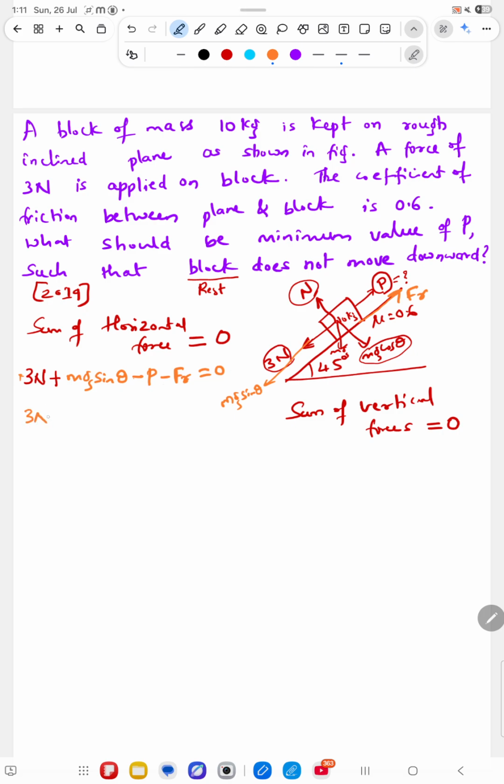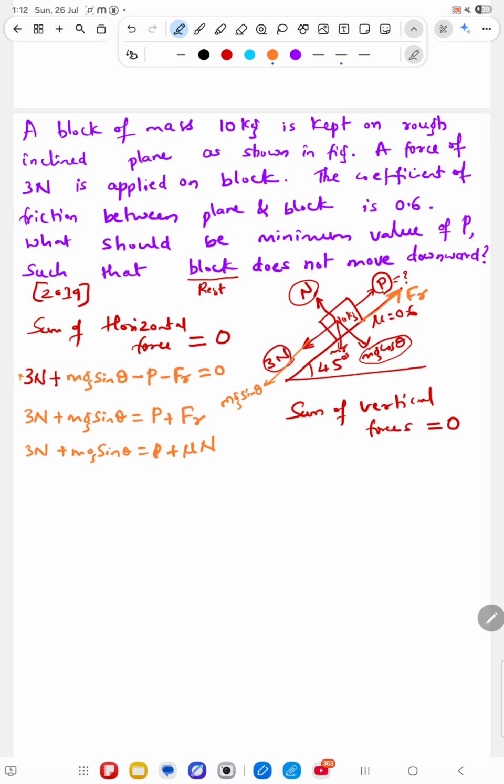I will rearrange this equation: 3 Newton plus mg sin theta is equal to P plus the frictional force. The frictional force also depends on the normal reaction force, and we have the formula that frictional force is equal to mu into N. Mu is the coefficient of friction between plane and block, and N is the normal reaction force.